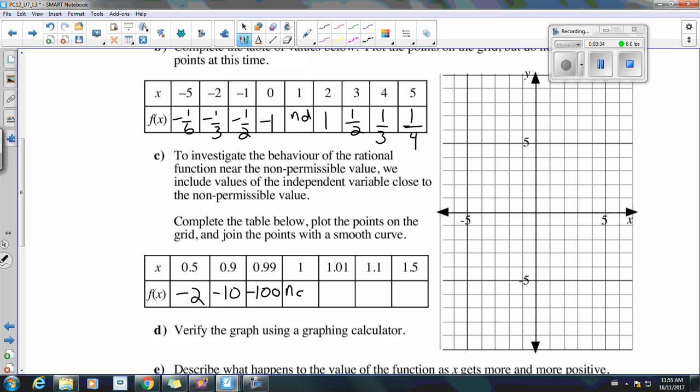We know it's not defined at 1. What if we go on the other side of 1? Slightly larger than 1, we have the value of 100. 1.1 gives us the value of 10, and then the value of 2. Now if we look at our calculator, we see that we get a graph that looks like this. And this would include those points that you should have plotted a minute ago.